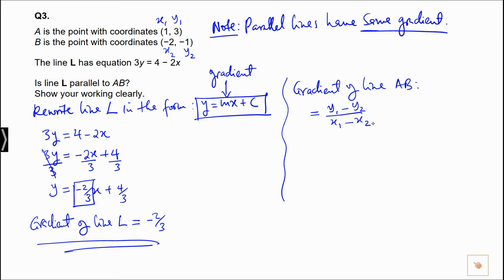This is just the formula for the gradient of a line. So if you plug in those points, you'll end up with 3 minus negative 1 over 1 minus 2, and this will be equal to 4 over 3.